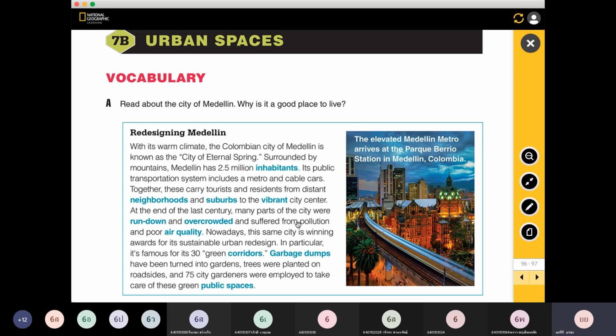Green campaigns to make people live healthier, and to make the city look healthier, or greener.